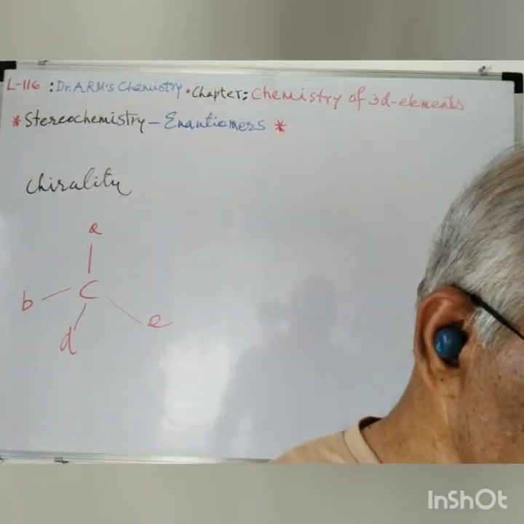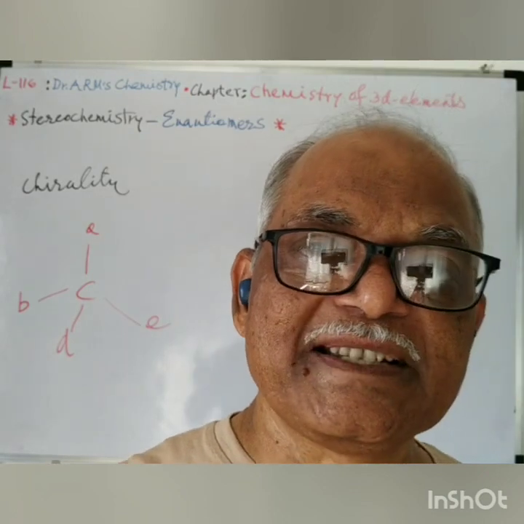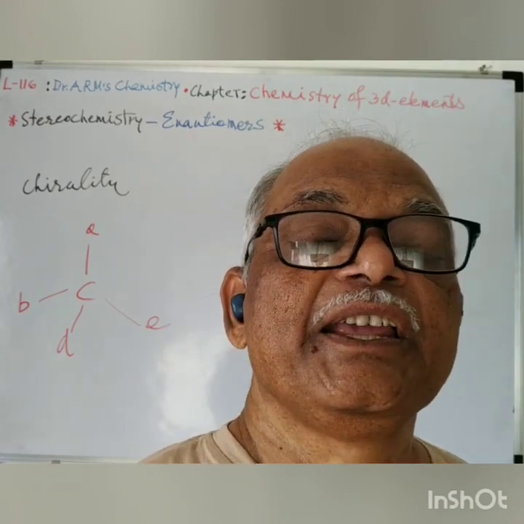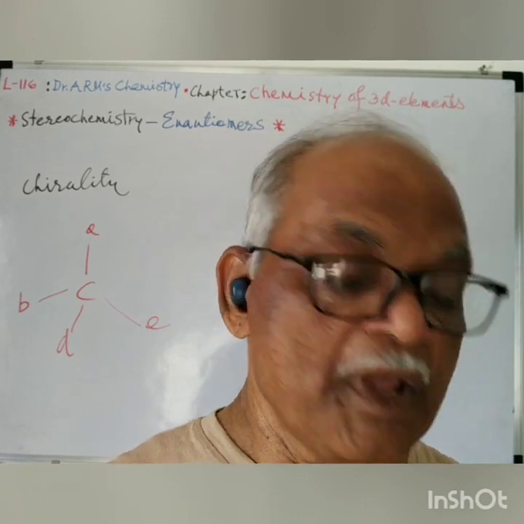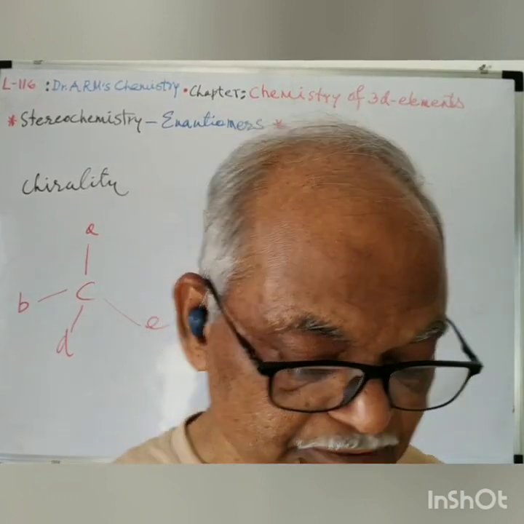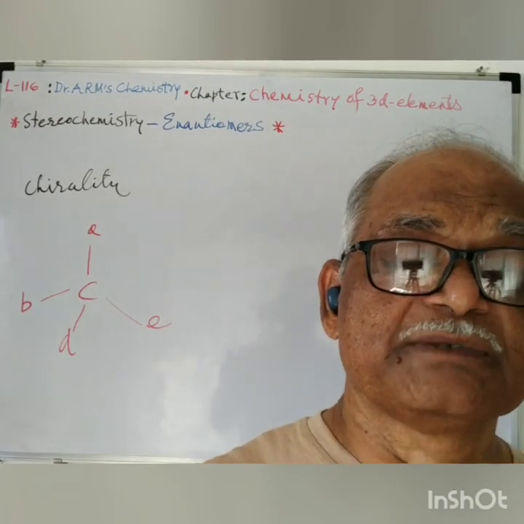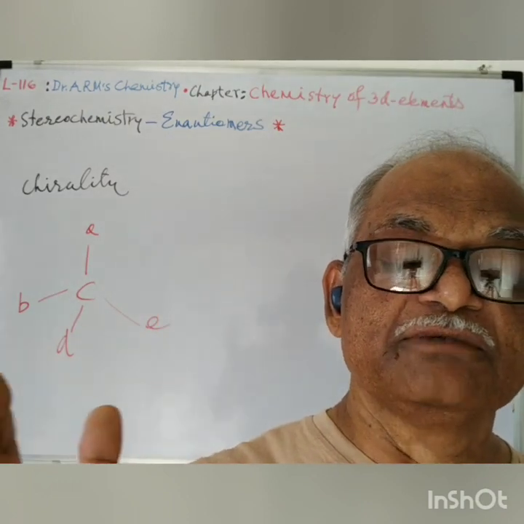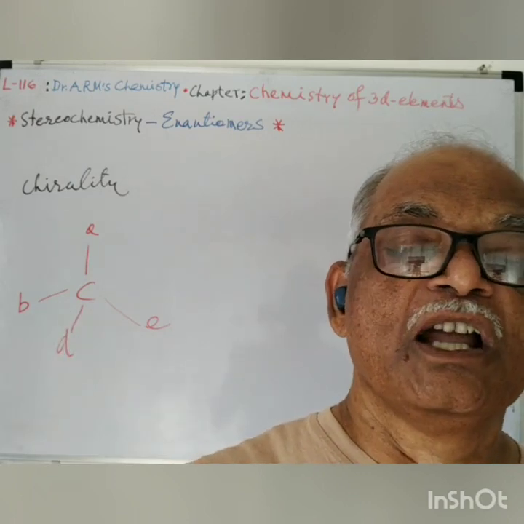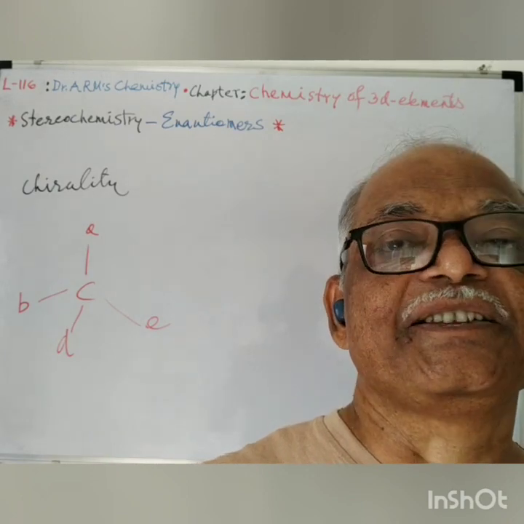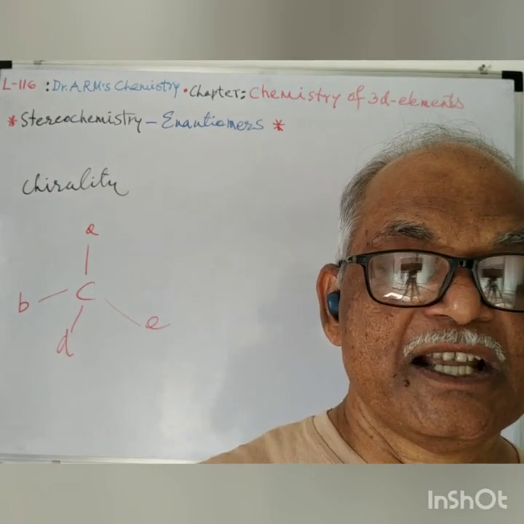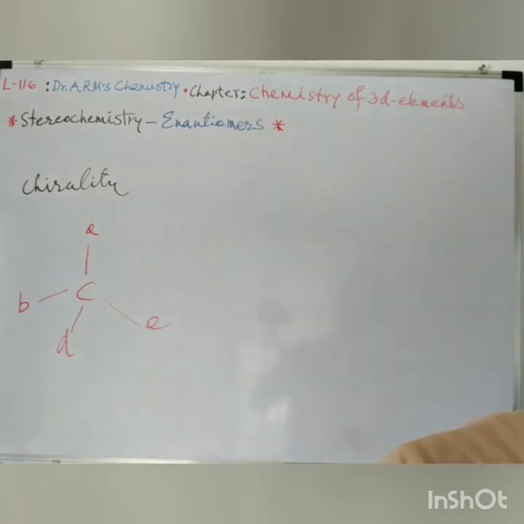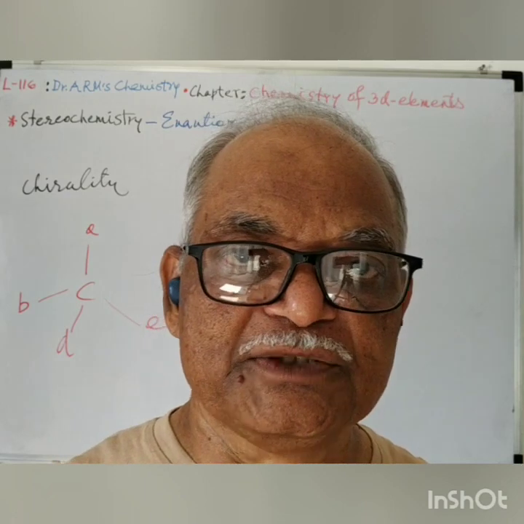This optical activity is measured, and we will see that later on, but in short, each isomer causes rotation of the plane of plane polarized light, either in a clockwise direction or in an anti-clockwise direction.